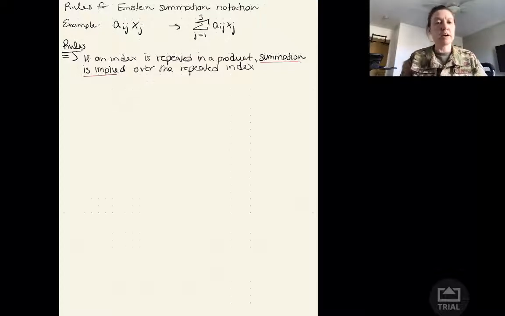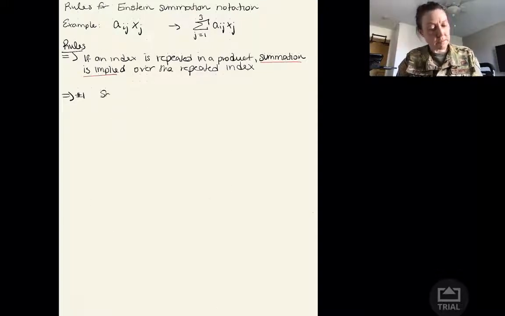Okay, so now there are some additional rules that are important to understand. These rules are just so we don't write an equation that makes no sense. Here are a few of them. Number 1 in your notes: the same index, or the same subscript, may not appear more than twice.